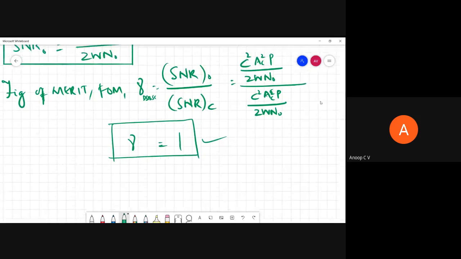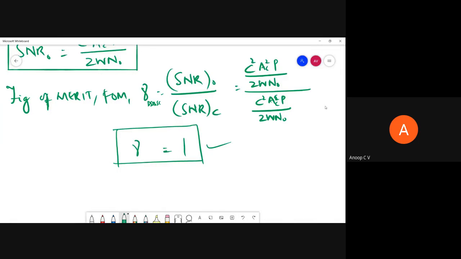Before that, we'll have a quick recap of what we have done. We considered a system model, a DSBSC receiver. It had a band pass filter and a coherent detector. Then we modeled the noise as an additive white Gaussian noise process, where white noise means it has all frequency components. So the power spectral density is equal to N0 by 2 for all frequencies. It's a double sided power spectral density, and it has zero mean.